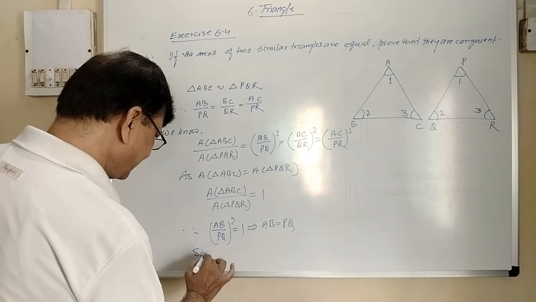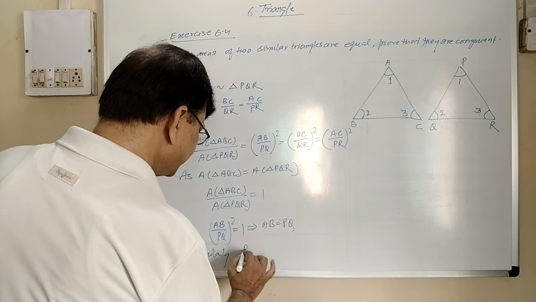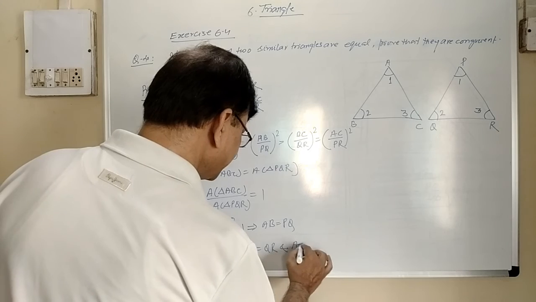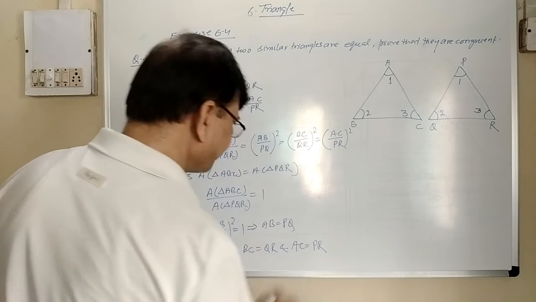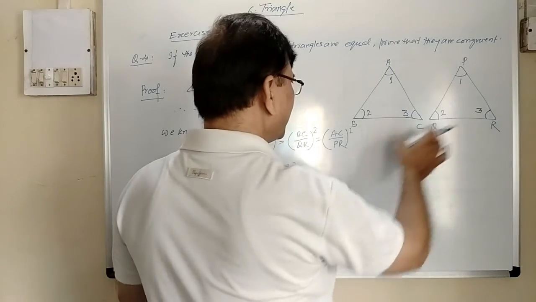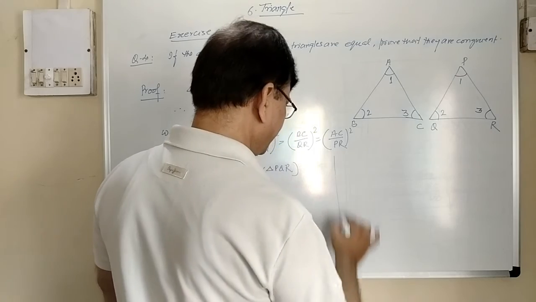Similarly, BC is equal to QR and AC is equal to PR. Means what do we observe? AB is equal to PQ, BC is equal to QR and AC is equal to PR.